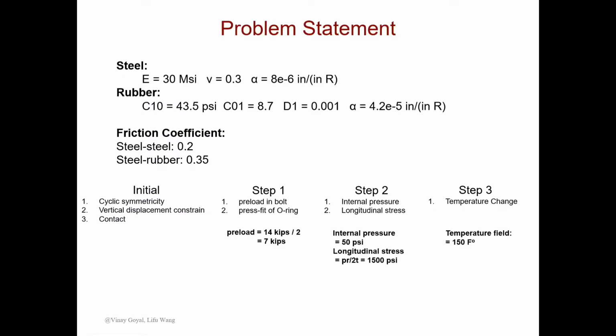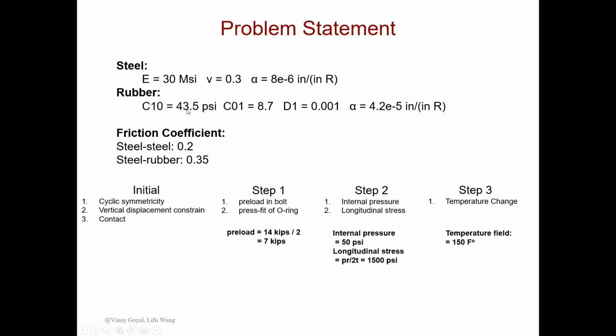For everything other than the O-ring, we use steel, which has a Young's modulus of 30 Mpsi, and the Poisson's ratio is 0.3. Alpha, which is the thermal expansion coefficient, is 8 microinches per inch per degree R.